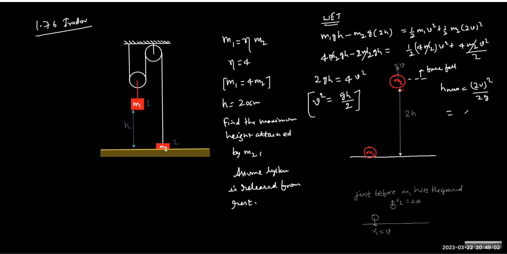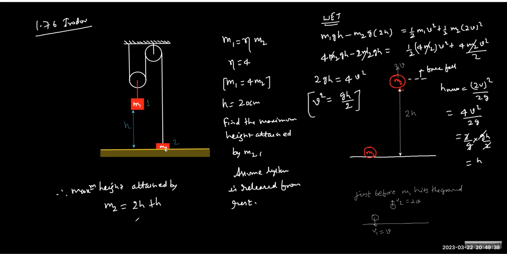This is how we study in vertical motion, which is 4V square by 2g, which is 2 by g into V square, which is gH by 2, which itself is H. Interesting. So the maximum height attained by M2 equals 2H because of the regular motion and H extra because of the free fall vertical motion, which is 3H.